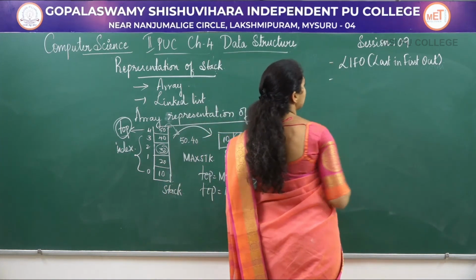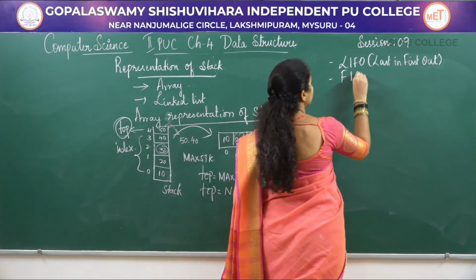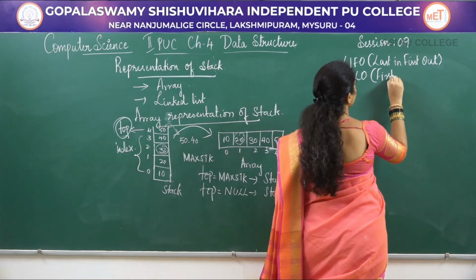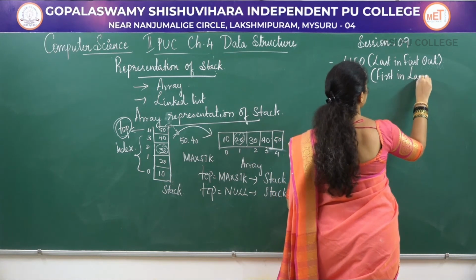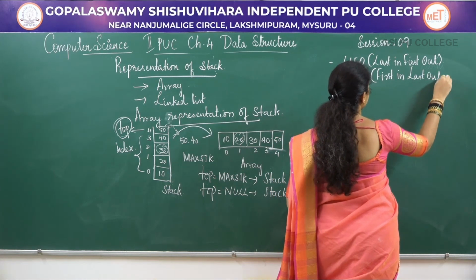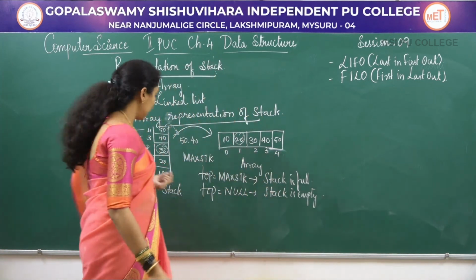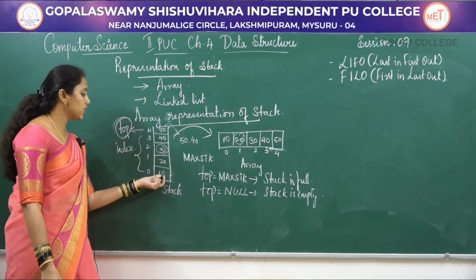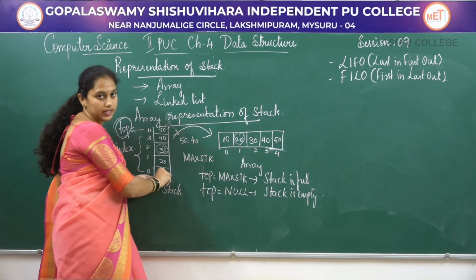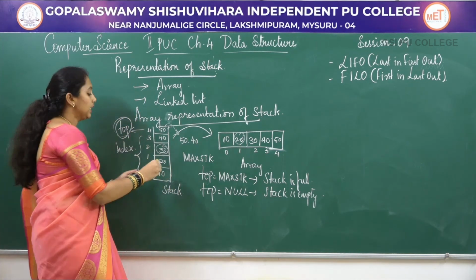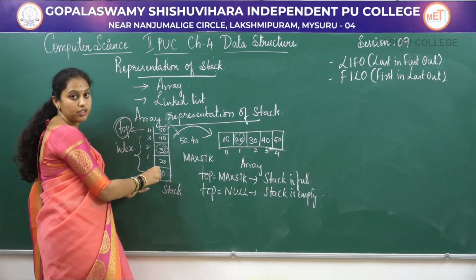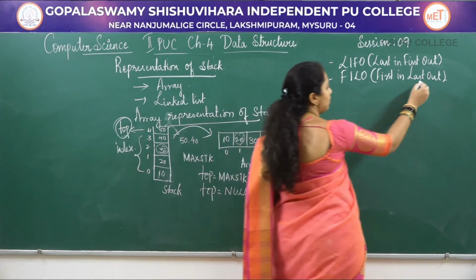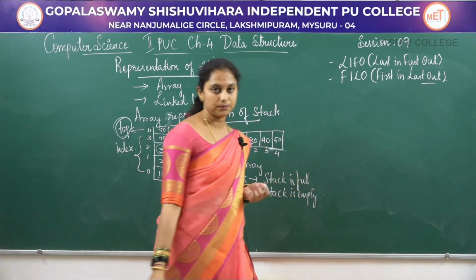It also follows first in last out, which means consider in this stack 10 is the first item which is added into the stack, but while removing, 10 is the last item which is going to be removed. That is called first in last out.